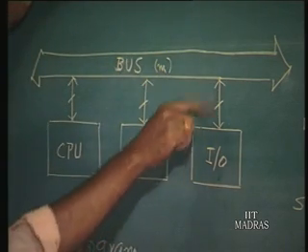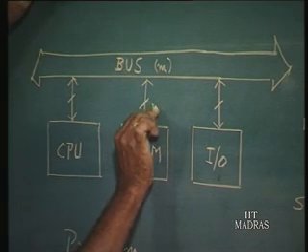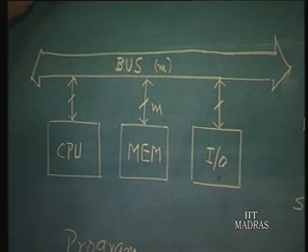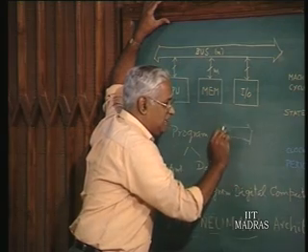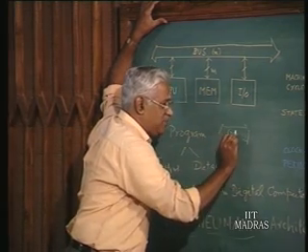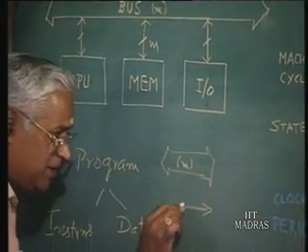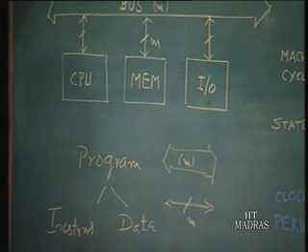Another way is just put one line and then have a slash there and then write M, which means this particular thing is M. So there are two ways in which I can write. Either I can have parallel lines like this and then indicate M, or put a slash like this and write M. Both are just the same.